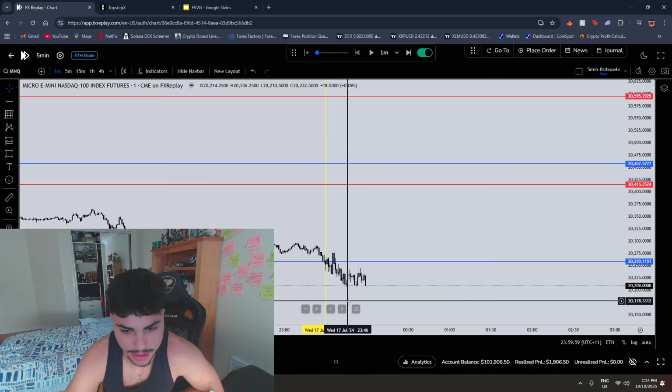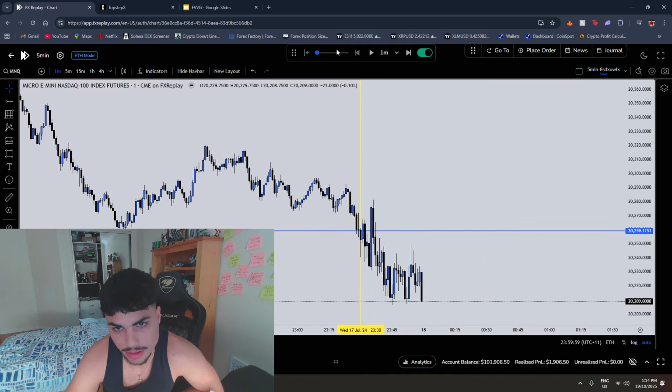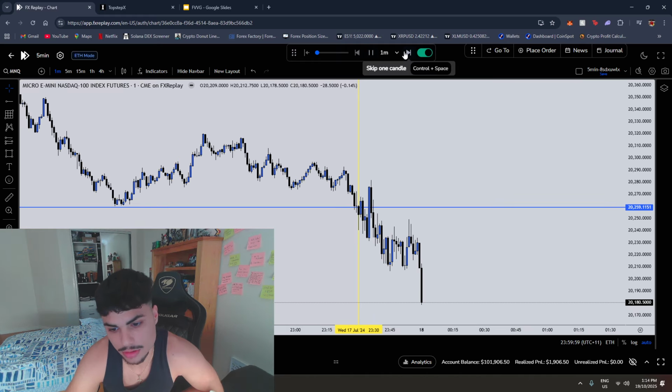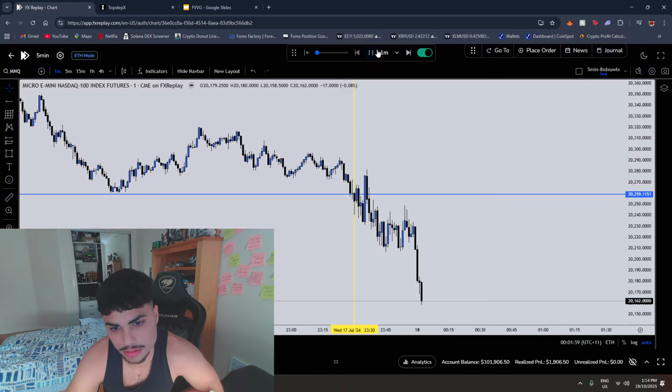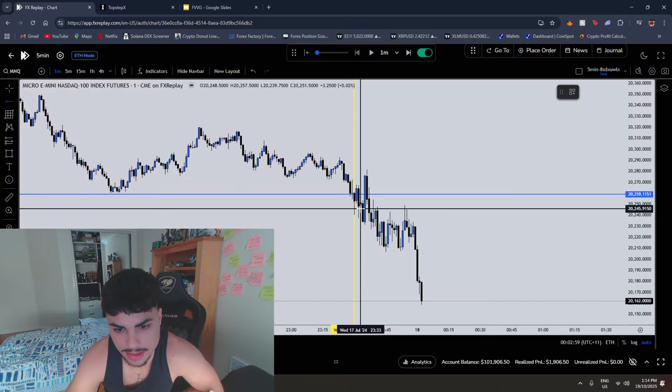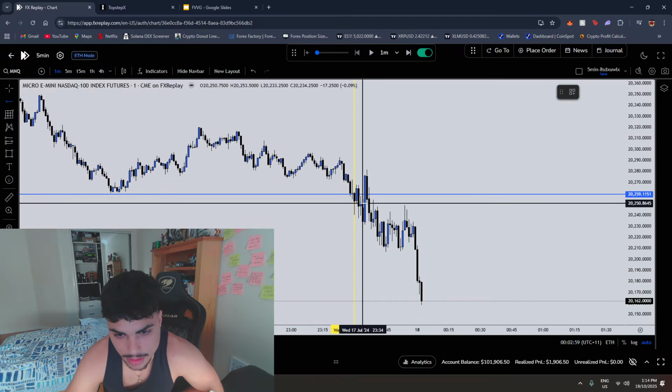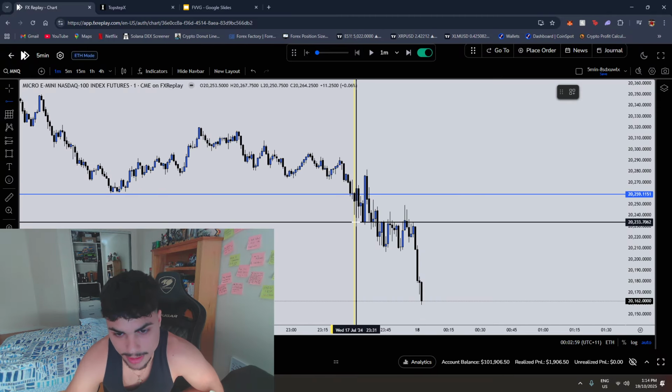So let's go on the 1 minute now. See, if price is moving like this, we do not trade. Here we go. Actually, just seen our setup. All right, we have an order block right here. Let me show you. Marked out. You can either mark out the wick or the candle itself.